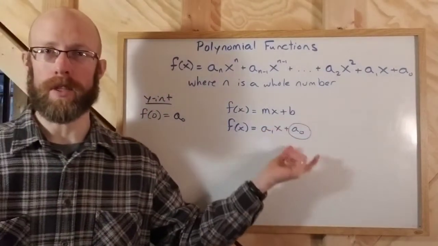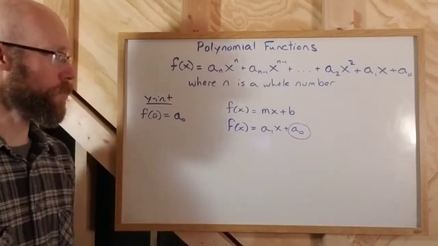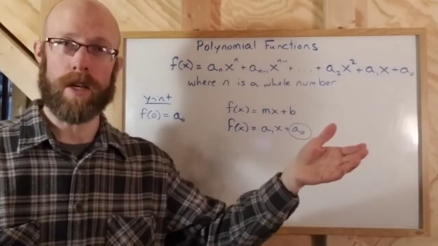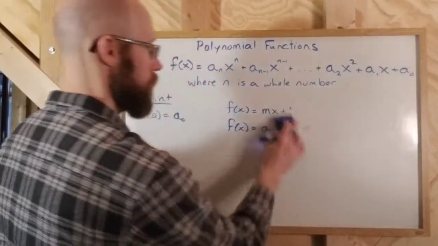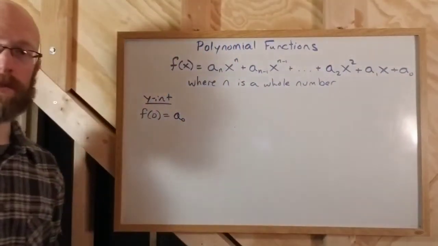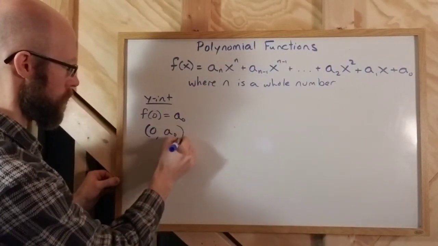We usually call it b, but we'll call it a sub 0 in general. Same thing with the quadratic: you have a, b, c, the c being your a sub 0, and that's always your y-intercept. Your constant term is the only thing left when you plug in 0, so it will always be 0 comma a sub 0.